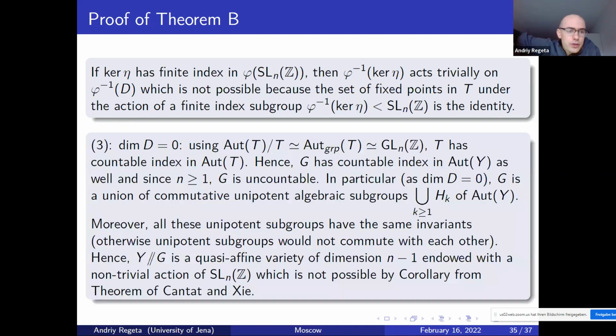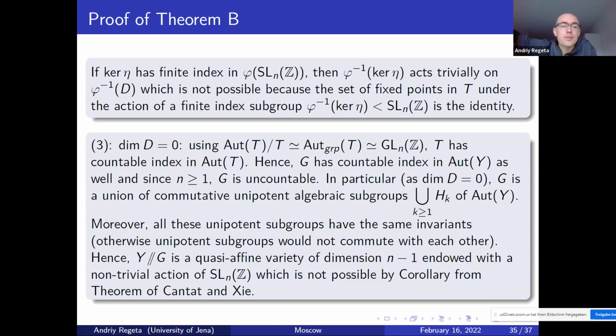So we come to the third case, dimension of D equals 0. Using that the quotient of the automorphism group of T by the algebraic torus T is just GL_n(Z), T has a countable index in the automorphism group of T. Hence, G has a countable index in the automorphism group of Y as well.